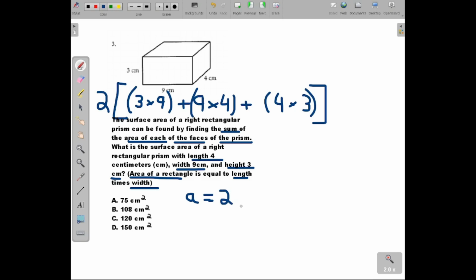So it's equal to 2 times 3 times 9 plus 9 times 4 plus 4 times 3.